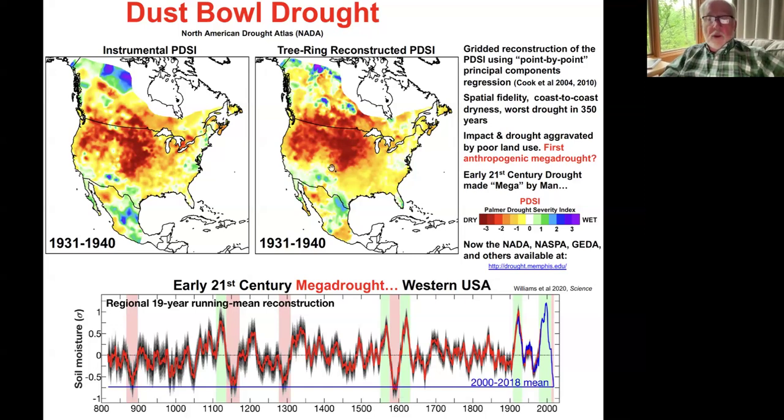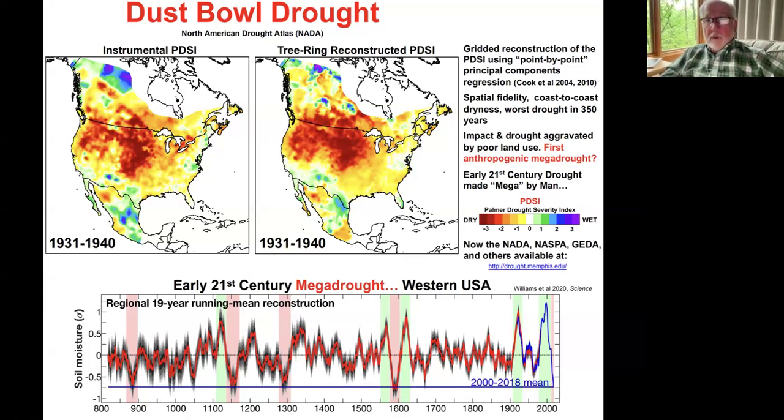And we have used our 2,000 tree ring chronologies to reconstruct the gridded Palmer Drought Severity Index from tree rings. So this is the tree ring reconstructed Palmer Drought Severity Index for the same 10-year period, 1931 to 1940. Amazing. I mean, amazing.